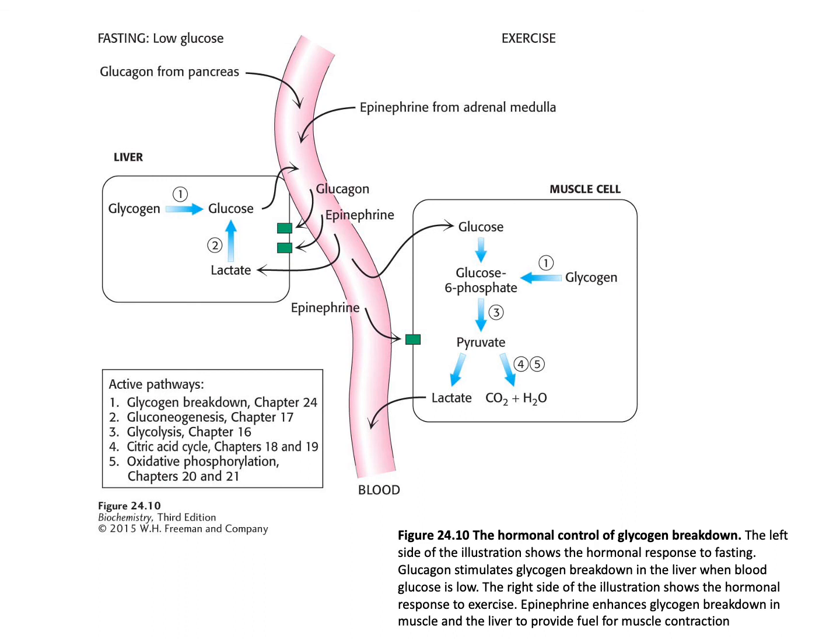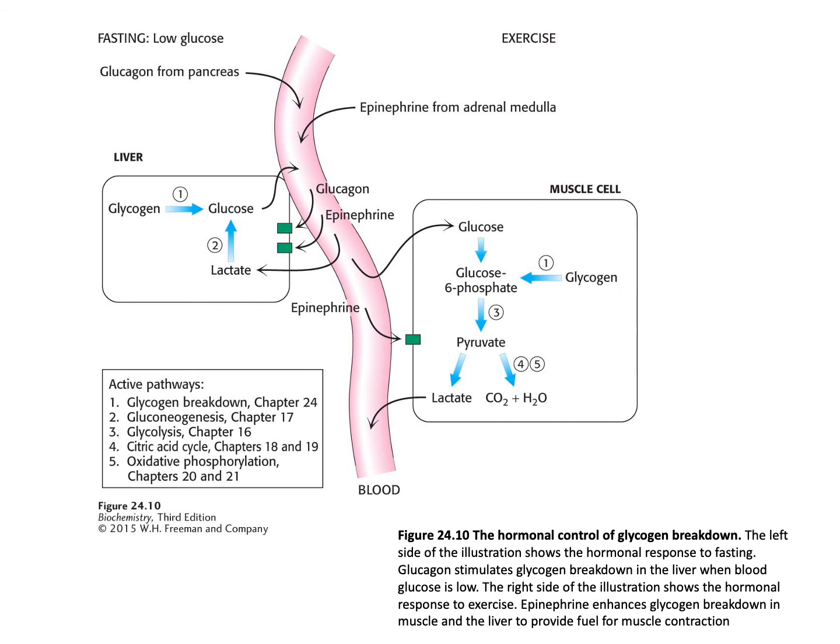This figure also shows the interaction of different pathways. We can see in the liver, glucose turns to glycogen, and the glycogen breakdown pathway is in chapter 24, and lactate turns to glucose through gluconeogenesis, chapter 17.